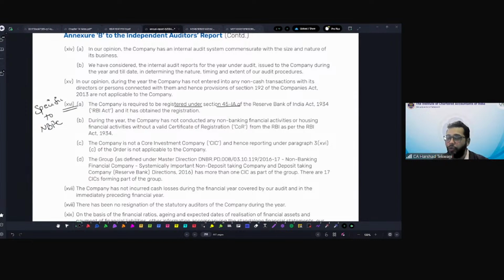Number of account holders, number of transactions, real-time updates, understanding the IT systems, the applicable requirements. So when it comes to the audit of banks, after NBFC, you can say it is two to three levels above.